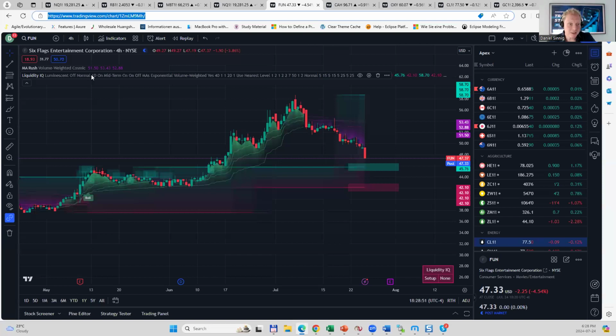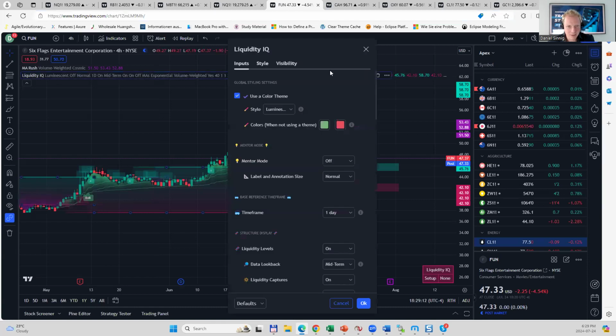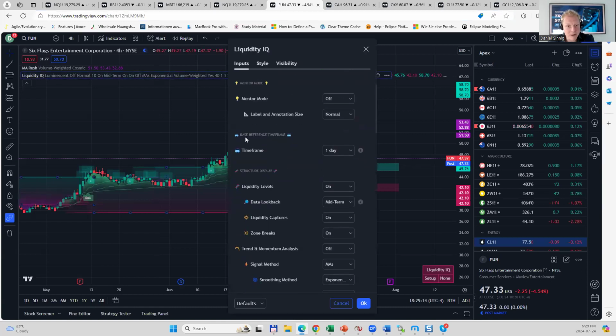We can specify for the indicator, hey, even though we are on the 4-hour time frame, I want you, the indicator, to consider the daily time frame or another higher time frame as the reference time frame to calculate these levels. How can this be done? Quite easily. We go to the settings, and here we have a setting called a reference time frame, base reference time frame.